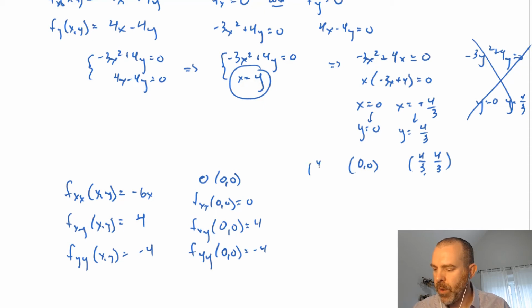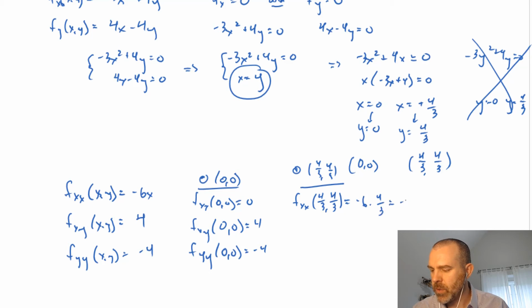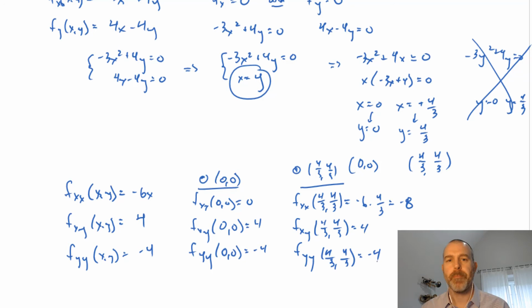And then at (4/3, 4/3), it sounds like it's going to be bad because you have some fractions here, but you just plug it in. Negative 6 times 4/3 is negative, almost said negative 12, negative 8. And then the mixed partial is constant, that's 4. And the second partial with respect to y, also constant, is negative 4.